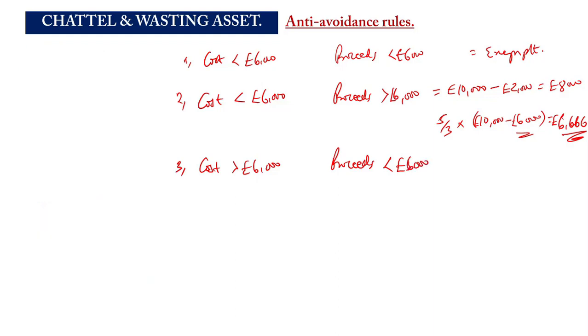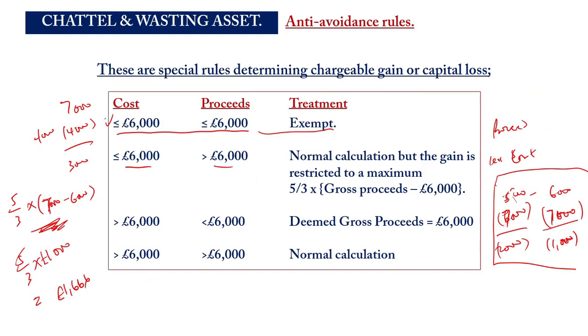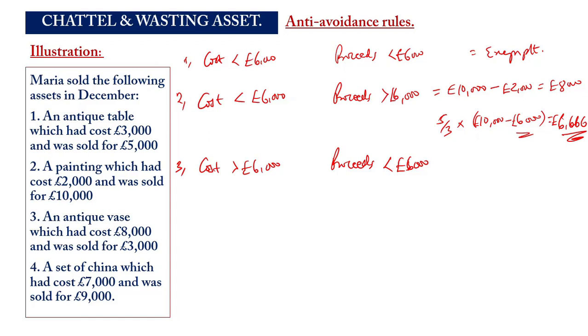So what we do is that we are told that we have to deem the proceeds to be equal to £6,000 here. So the calculation is going to be 6,000, which is the proceeds, less £8,000. So it's going to give us a loss of £2,000.